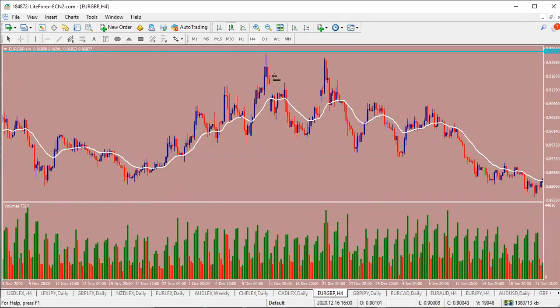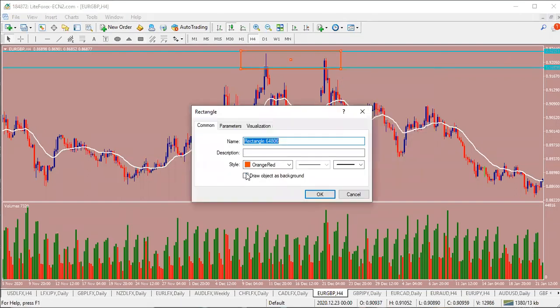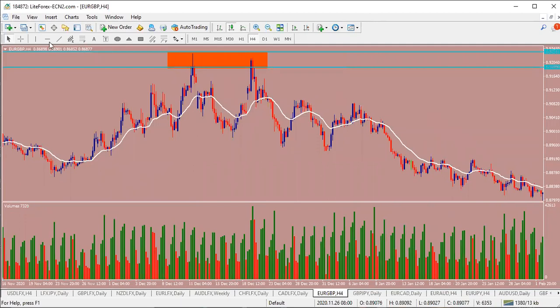Then I'm going to make use of the close, and I will use the resistance as a zone area. Can you see this place? I'll use the resistance as a zone area like this. Then this area will be my neckline.